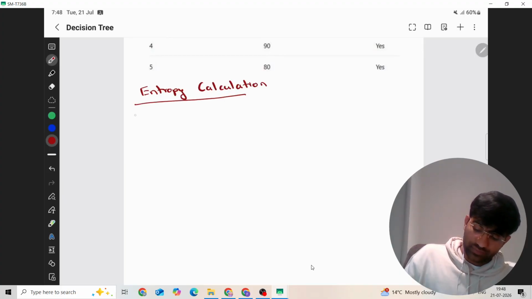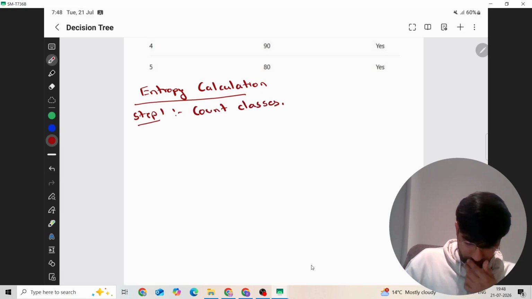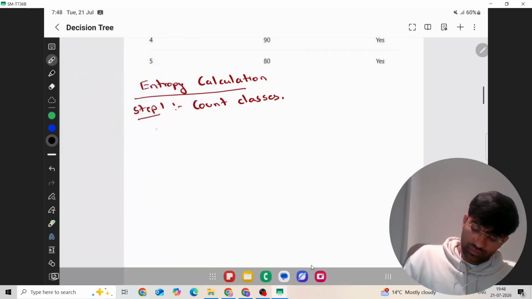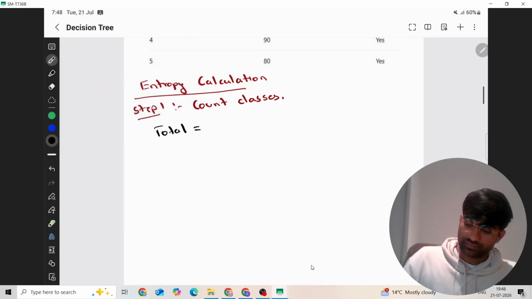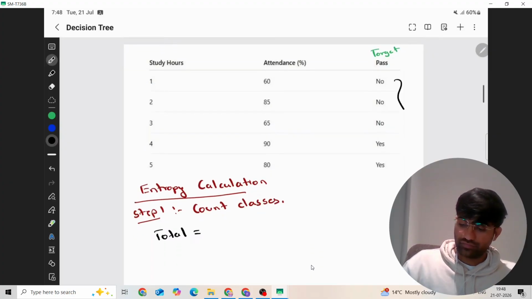Step 1, we will count classes. Total, how many we have? We have 5 records, right? We have total 5 records.